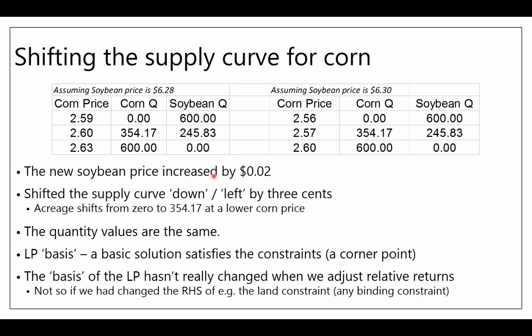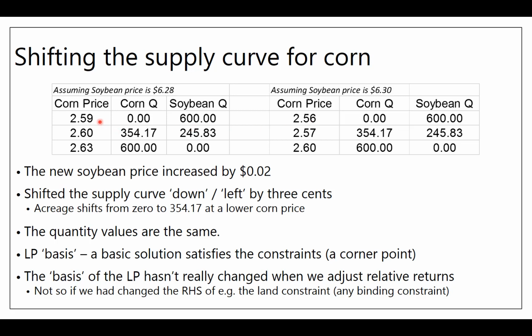The soybean price fell by 7 cents, and we get a downward shift. When the soybean price falls, we get a downward shift in the corn supply function. So it takes less price, right?